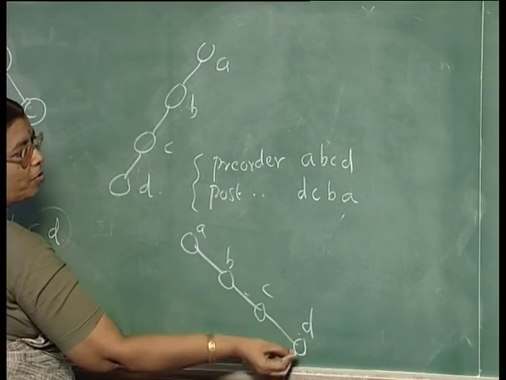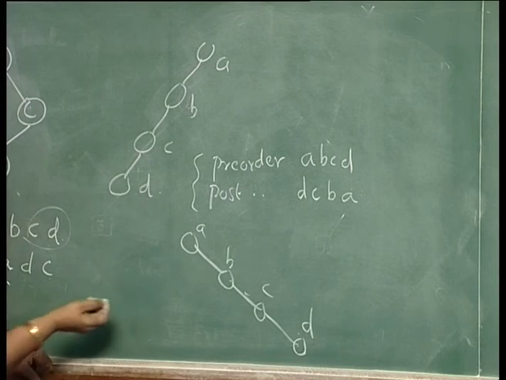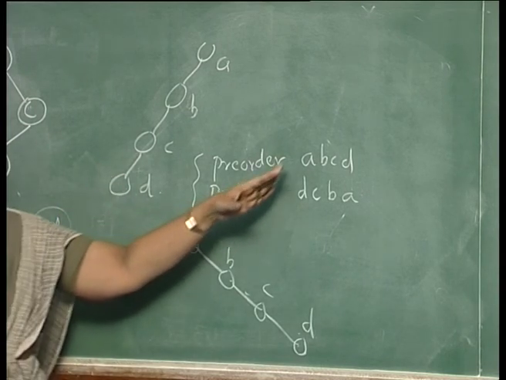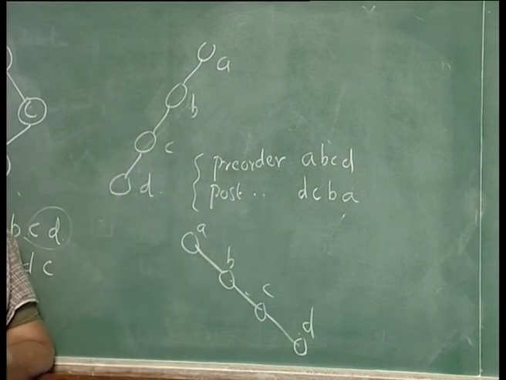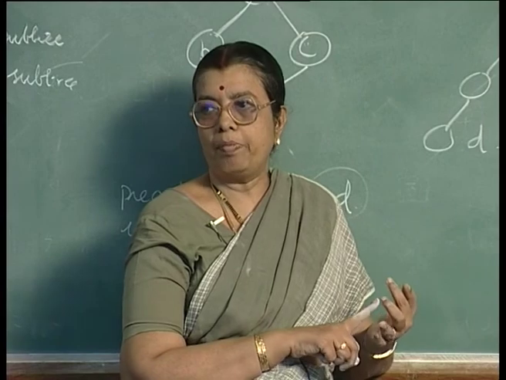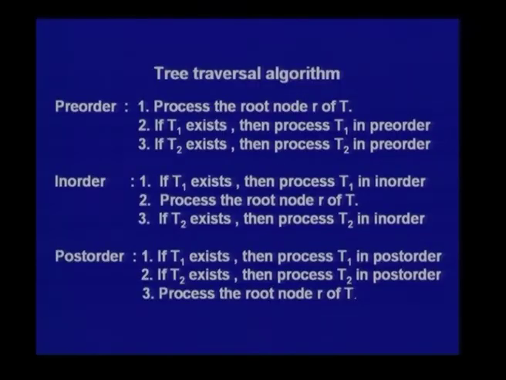A, B, C, D, post order is D, C, B, A. So, the tree can be this or this. So, from these two sequences you cannot construct the tree uniquely, whereas if you are given in order and pre-order, or in order and post order, you can construct the tree in a unique manner.